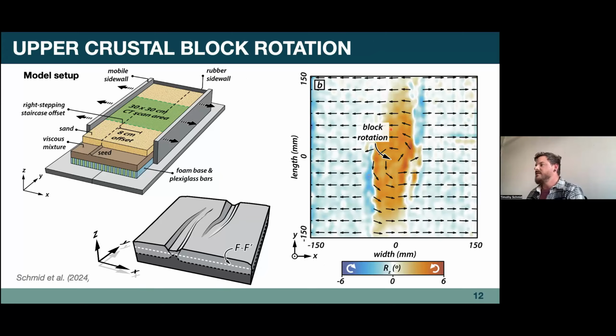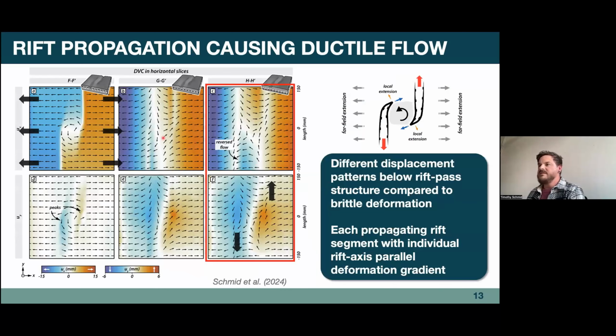Here you see we were able to quantify this deformation of the block, which gives a mean rotation of about 4 degrees over the entire model run, which is quite consistent with the findings from Swan et al. 2018. But this is just for the brittle domain. If we look at the lower crust, at the viscous domain, we see something interesting.